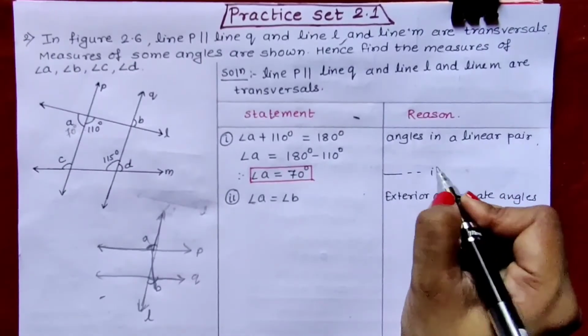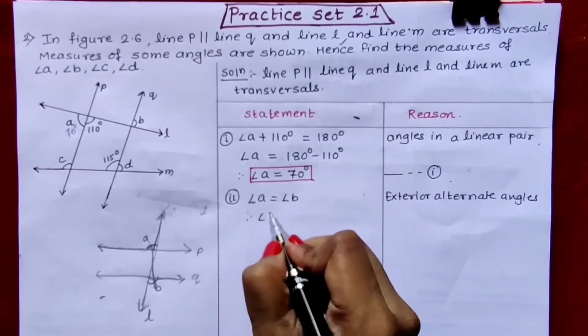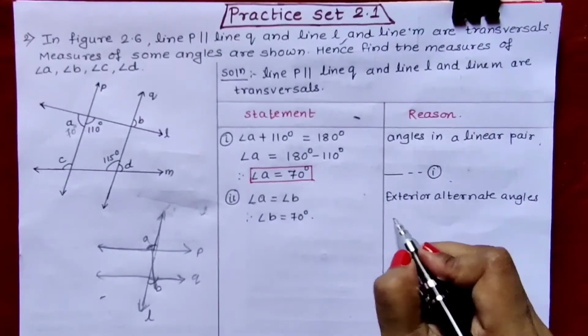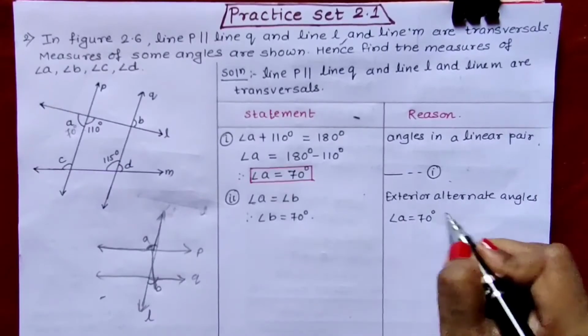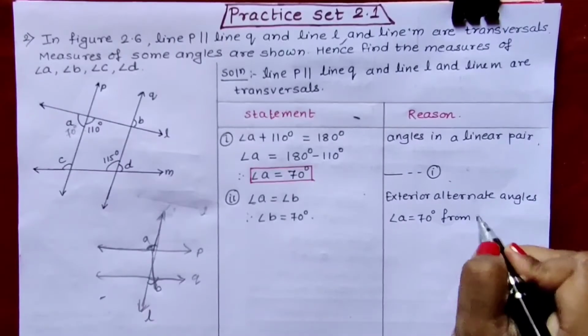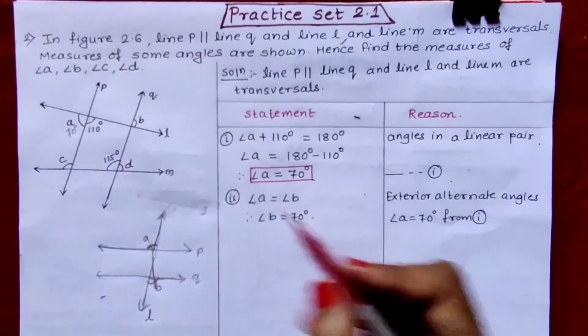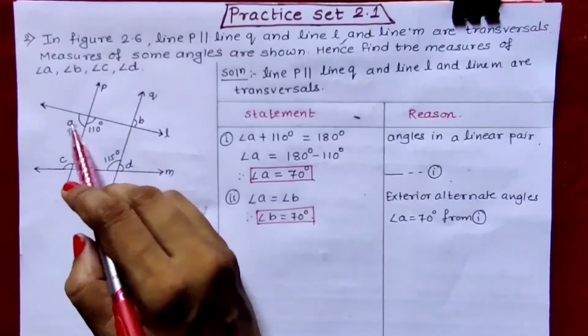This I can write as equation number 1. So A is 70 degree, and that's why B is also equal to 70 degree, because the reason is A is equal to 70 degree. We have proved from 1. So in this way we have got the value of B also, which is 70 degree. Okay. So we have got A and B.